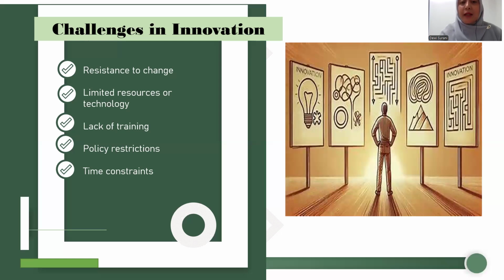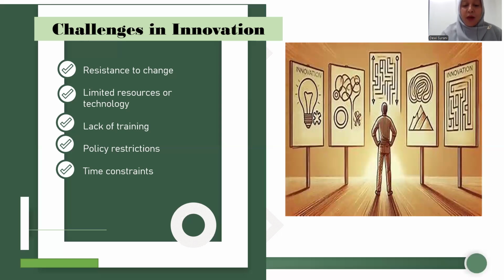Okay, resistance to change. Okay, because some teachers are still using the old method. Okay, what else? Policy restrictions. Okay, great answers, everyone. Thank you for your sharing. Those are great observations.